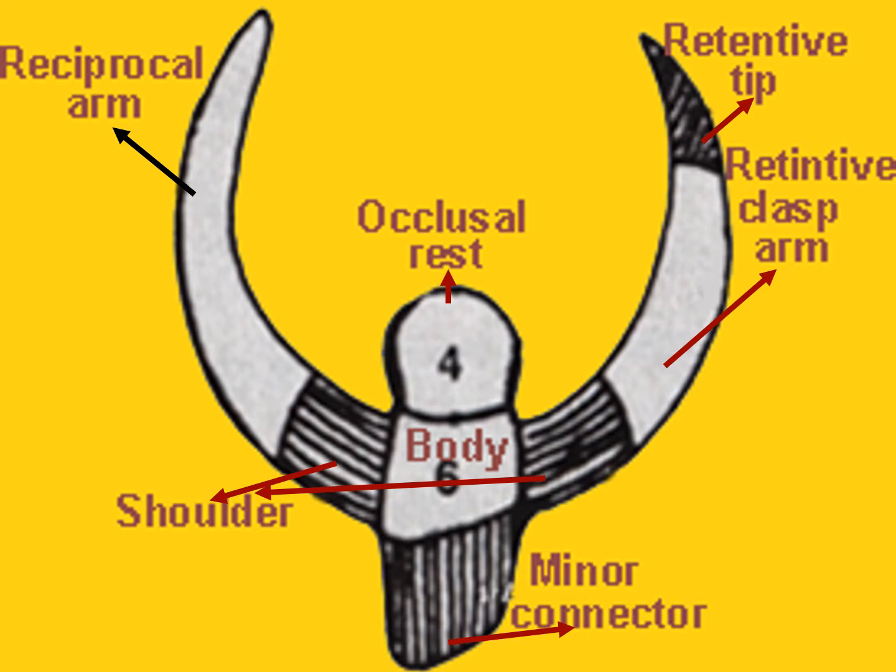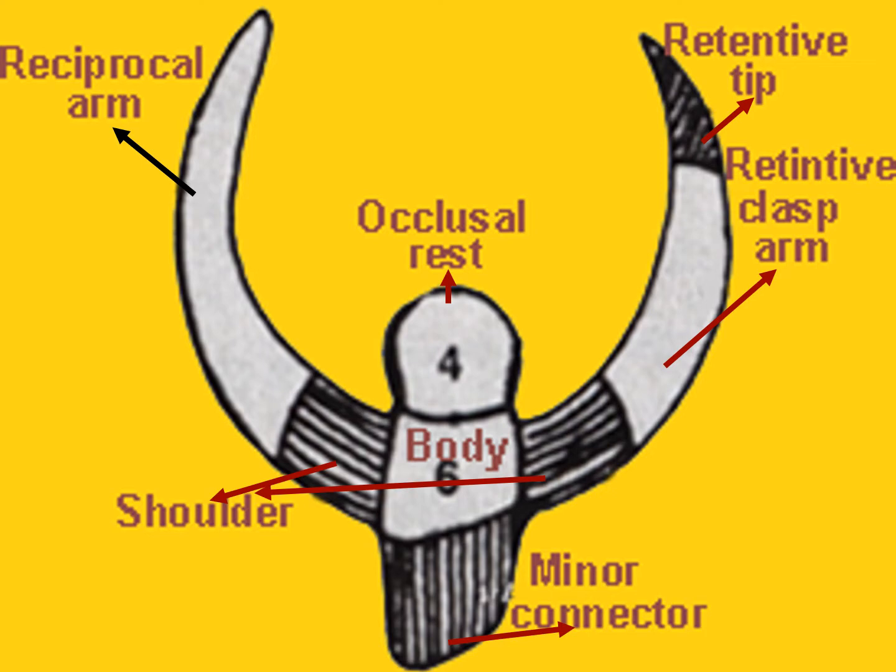There is a retentive arm that is composed of a retentive clasp arm and a retentive tip that goes in the undercut area under the survey line, and there is the shoulder that connects between the retentive arm and the body of the clasp assembly, and the body connects between the rest, the retentive reciprocal arms, and the minor connectors.